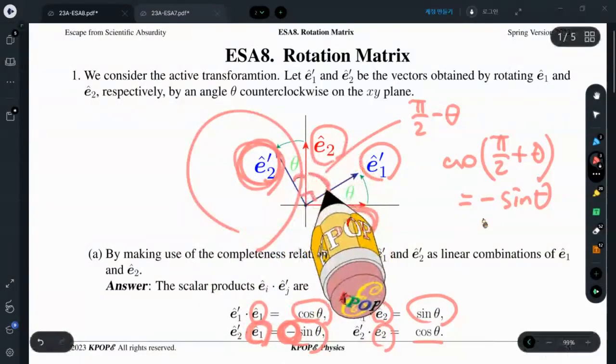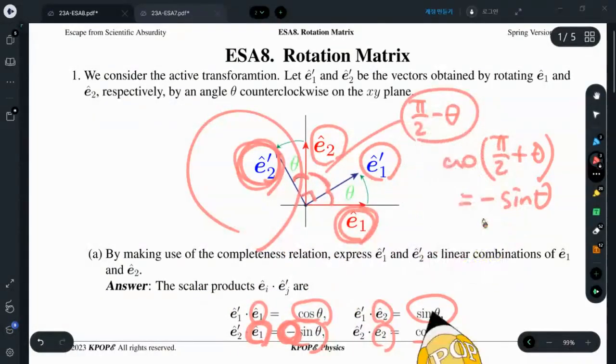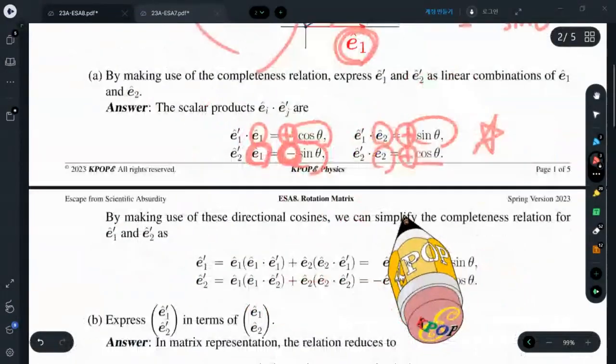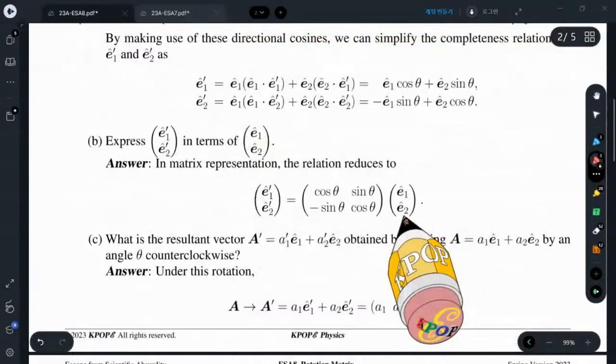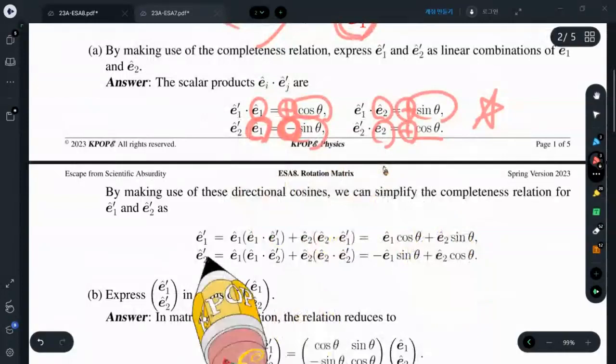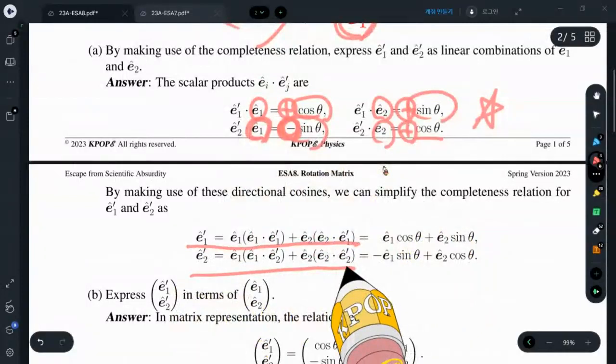But in here, this theta and 1/2 of pi minus theta gives a positive sign. And all of the cosines are positive. You have to remember how to compute these directional cosines. Once you know the directional cosines, I just copy these results and we recall the completeness relation.